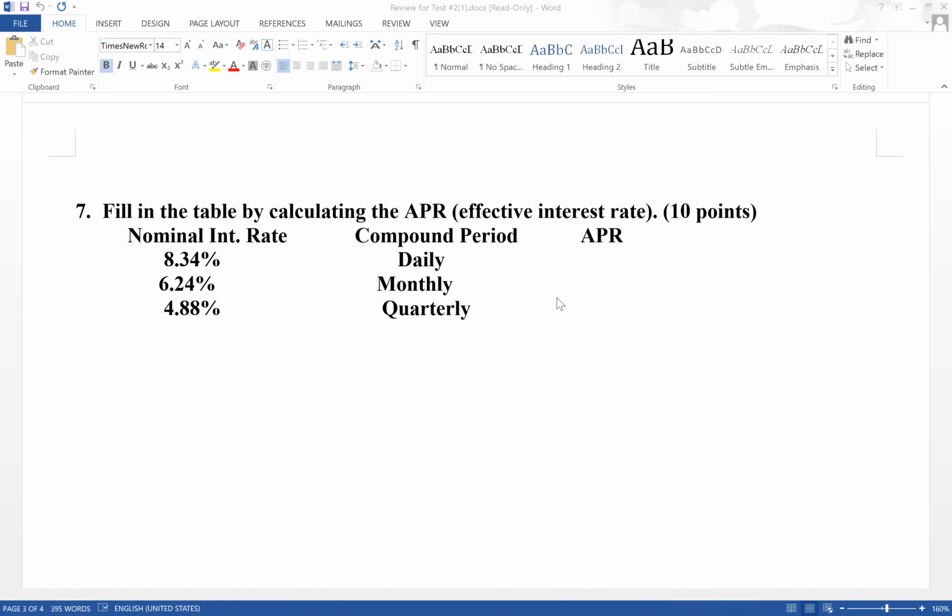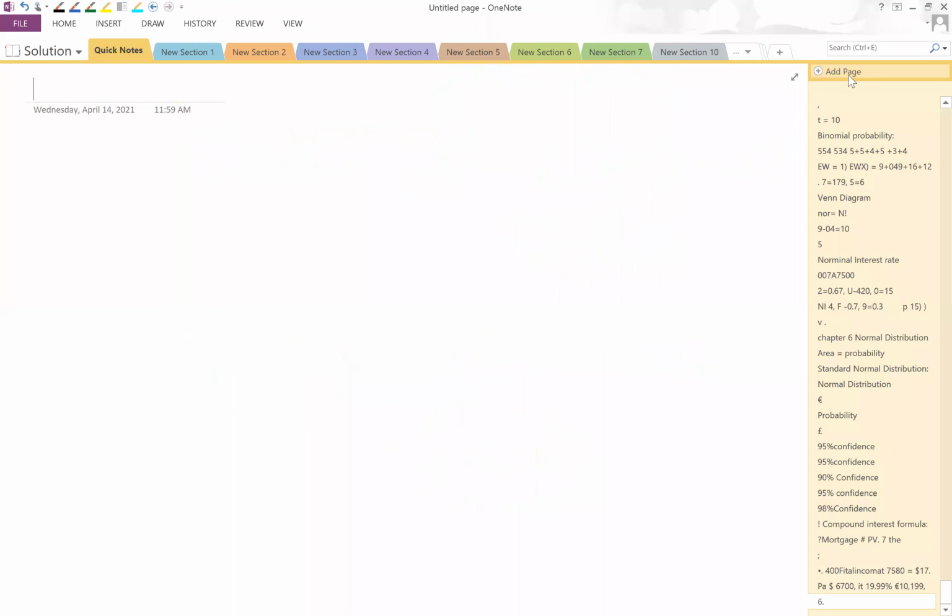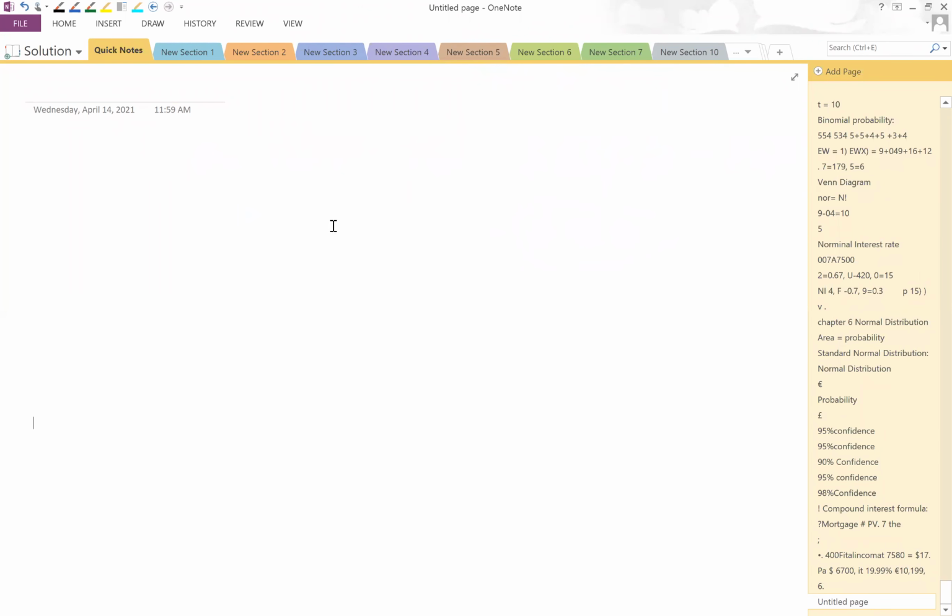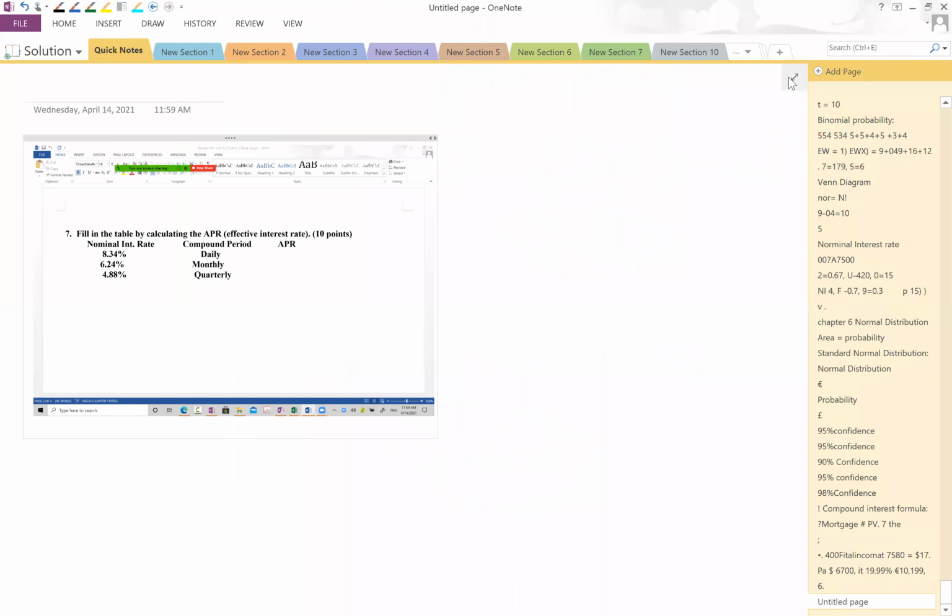So let's do some calculation on this APR thing. So you are given a nominal interest rate, meaning the interest rate without considering the compounding period. And then after taking into account the compounding period, the interest rate is usually slightly higher. Okay. And let's get to the detailed calculation.